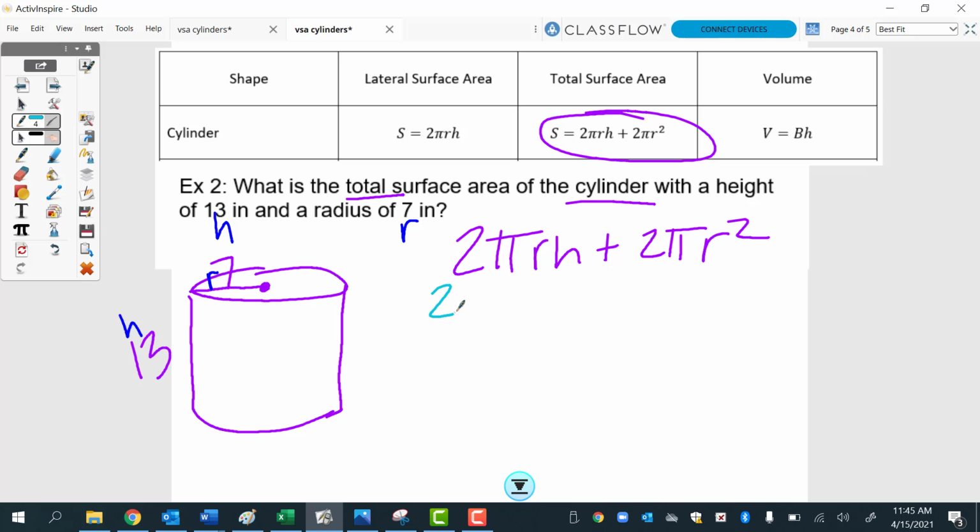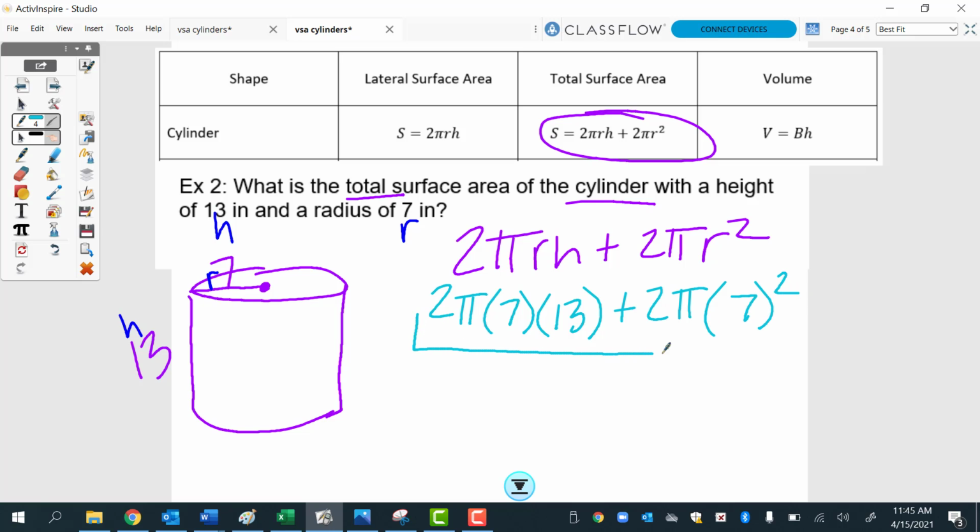So 2 pi times radius 7 times height 13 plus 2 pi times radius 7 squared. I type all of this in just like it looks. Make sure you have the correct number of parentheses.